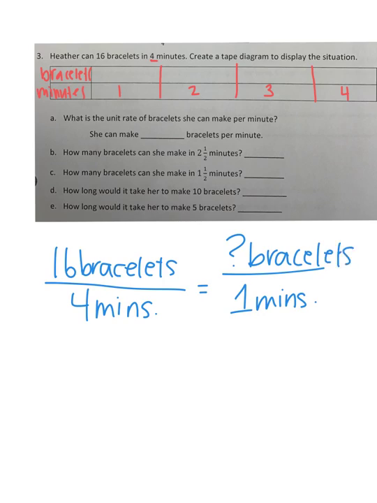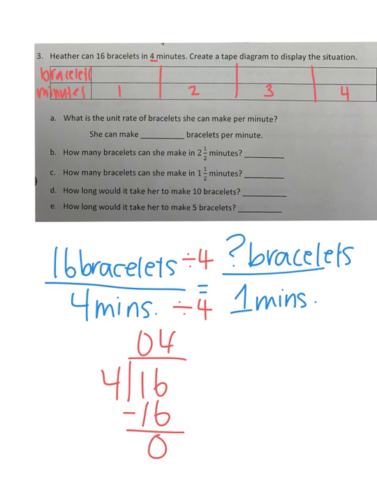So we'll divide by our denominator, divide by 4, divide by 4. 16 divided by 4 should give us 4. So our unit rate is she can make 4 bracelets per minute.